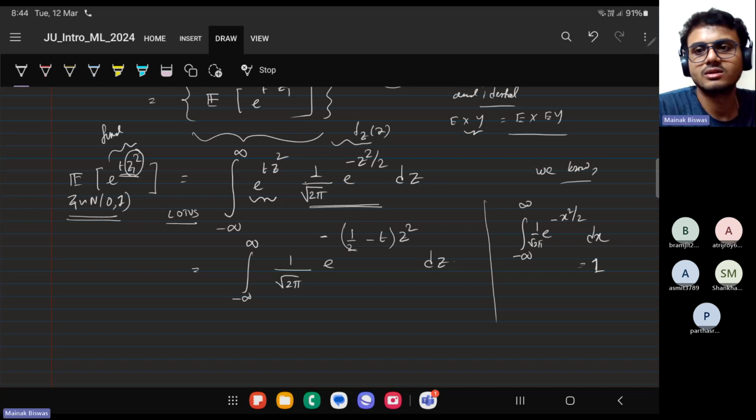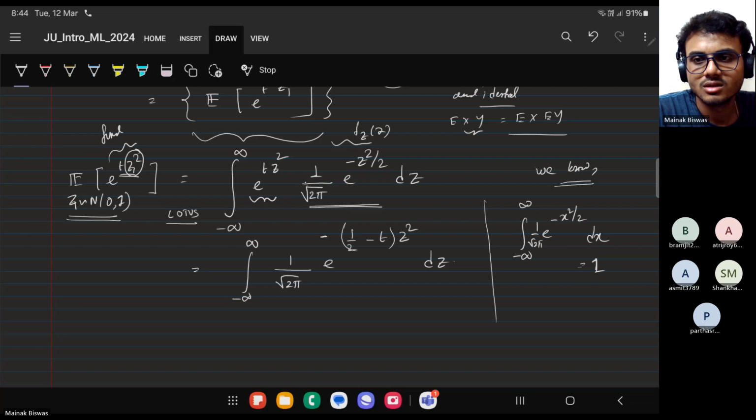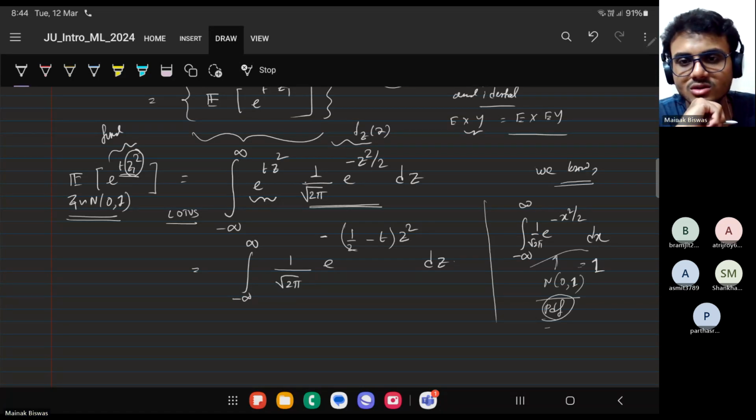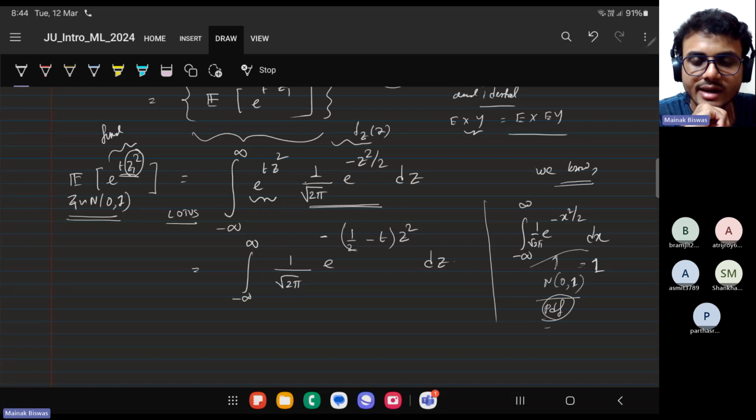Why is this 1? Because this is the Gaussian distribution. This is the PDF of the Gaussian distribution, so you're taking the total probability, and that is equal to 1.